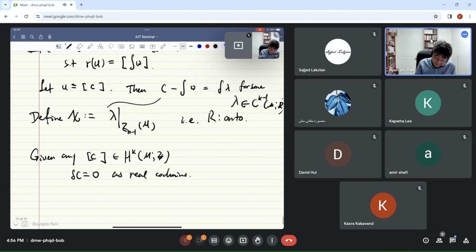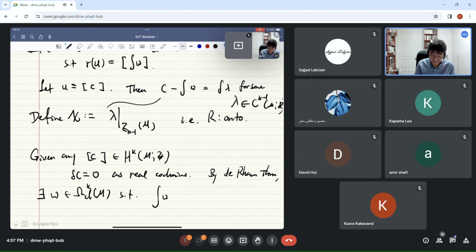If you use de Rham's theorem, there exists omega, which is a closed differential form of degree k, such that integration of omega minus C equals delta mu, right?